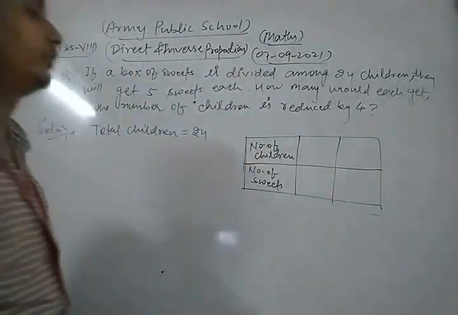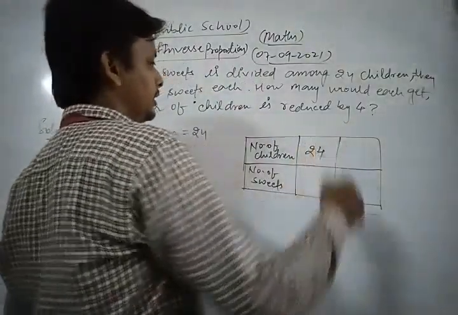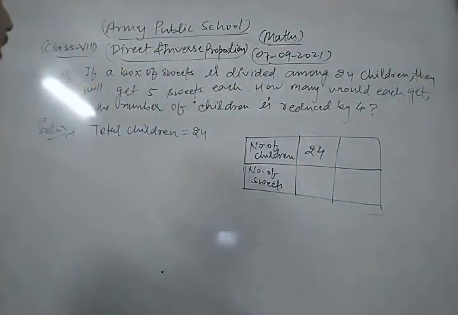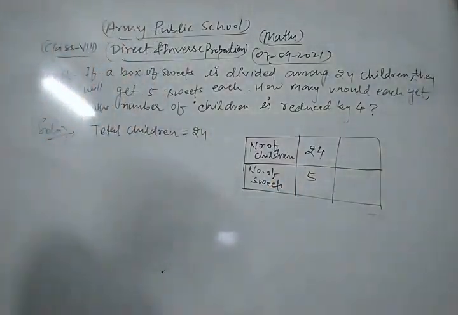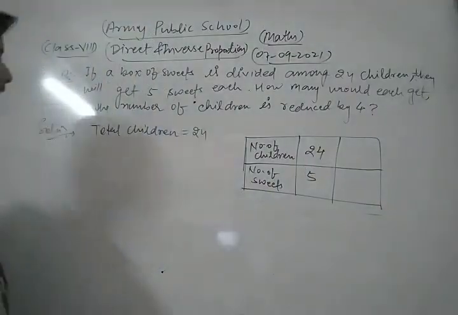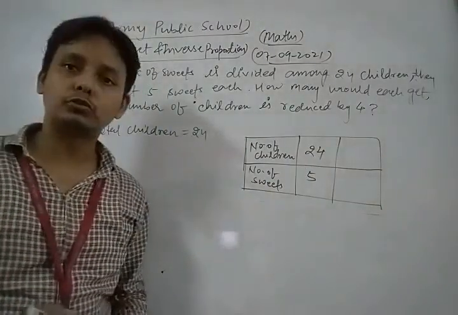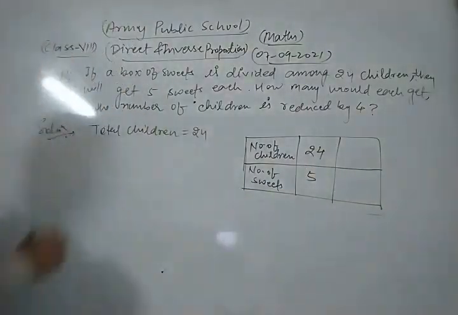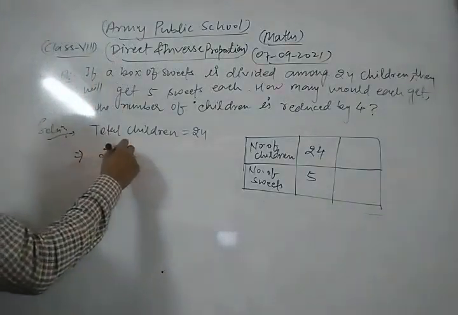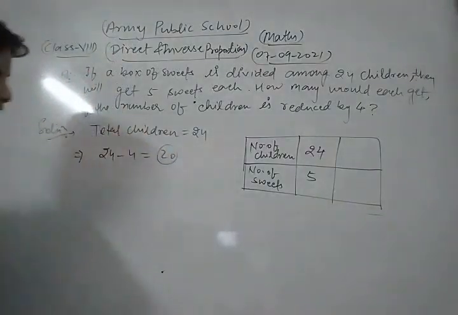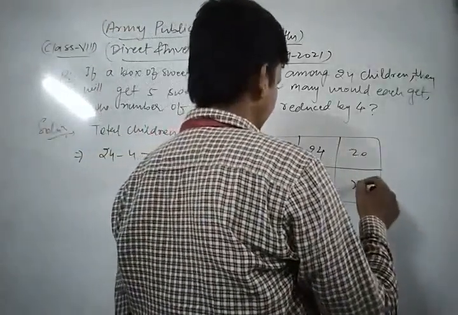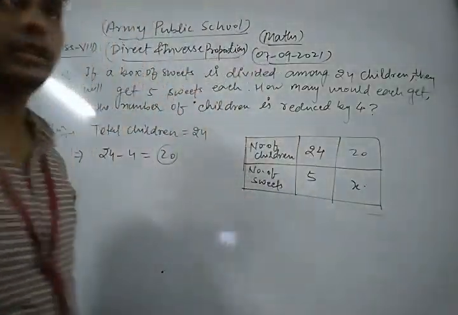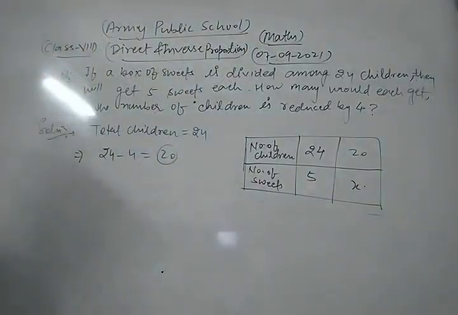If there are 24 children, each gets 5 sweets. How many would each get if the number of children is reduced by 4? If the number of children is reduced by 4, the remaining students are 20.